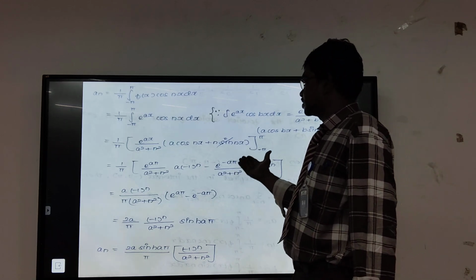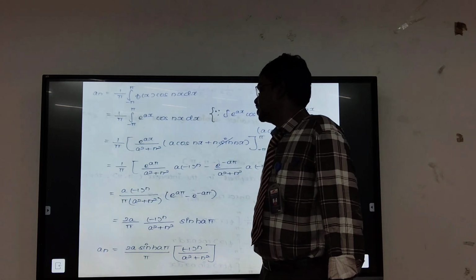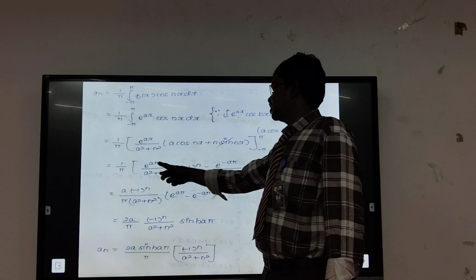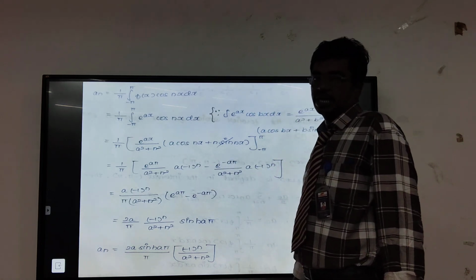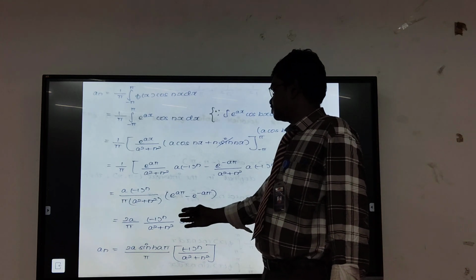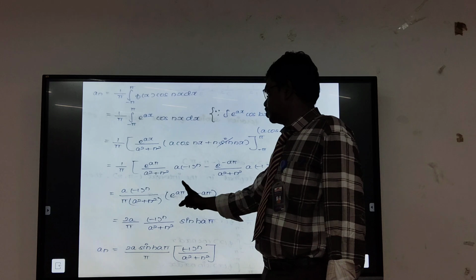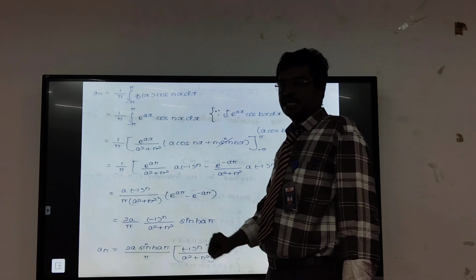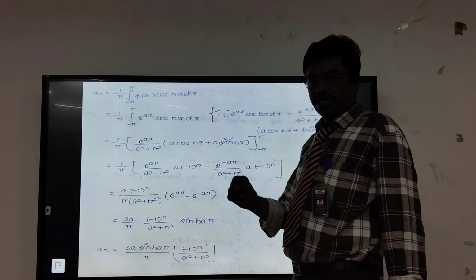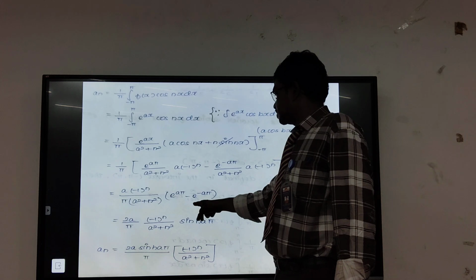I will take them outside. Therefore a times minus 1 power n by pi times a square plus n square. What is the remaining term? E power a pi minus e power minus a pi. Now we separate these values. We know that e power a pi minus e power minus a pi relates to sin hyperbolic x, which is e power x minus e power minus x by 2. So I will put here 2, the adjustment is 2.